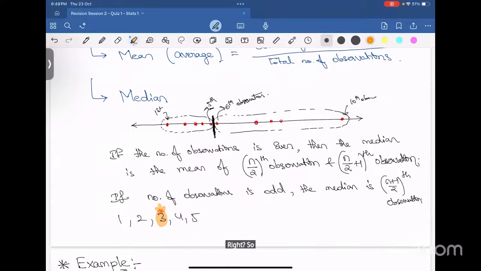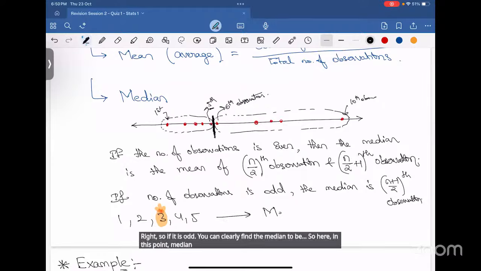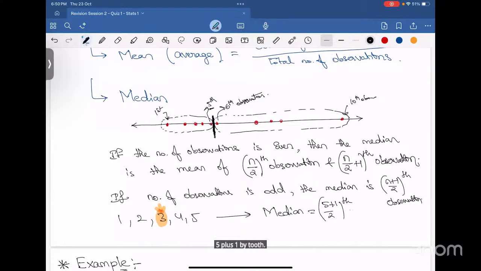So in this data set, there are 5 observations, and the 5 plus 1 by 2th observation is the median. 5 plus 1 is 6, 6 by 2 is 3. So if you count, the third observation will be the median.